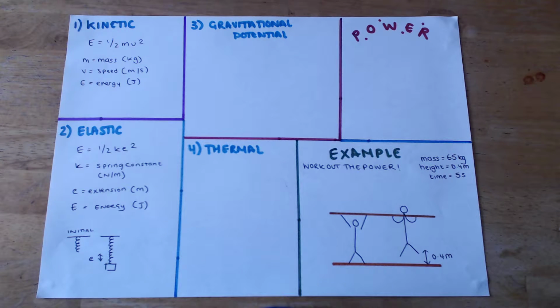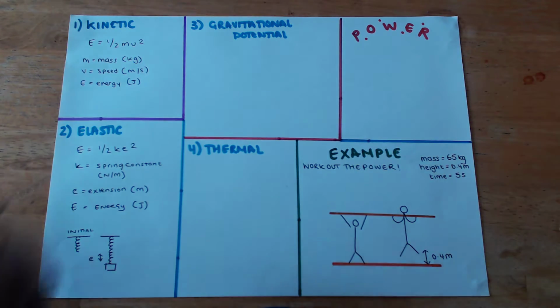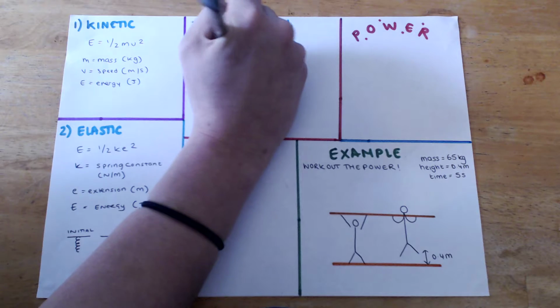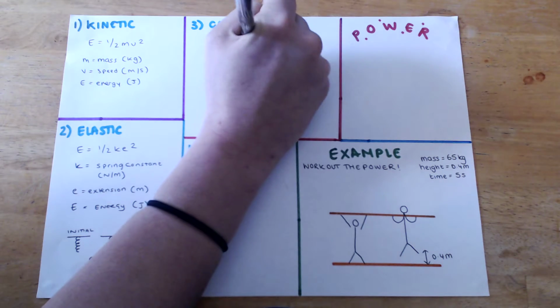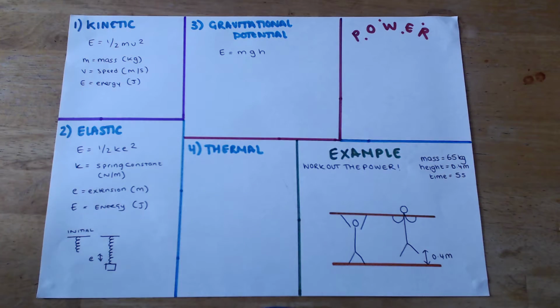Okay, so now let's move on to gravitational potential energy. Gravitational potential energy is energy due to gravity, and it has the equation E is equal to mgh, right?